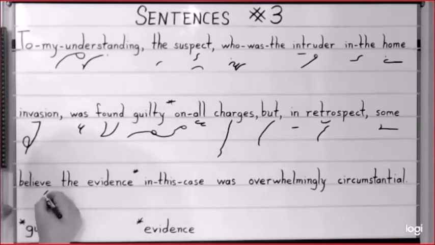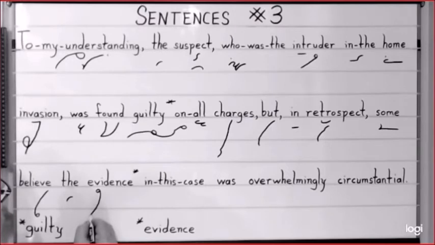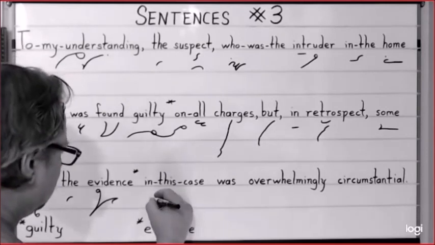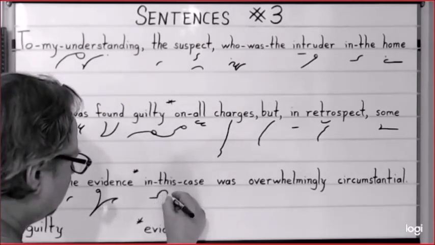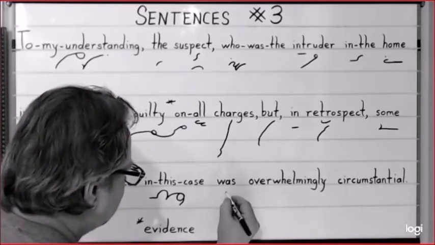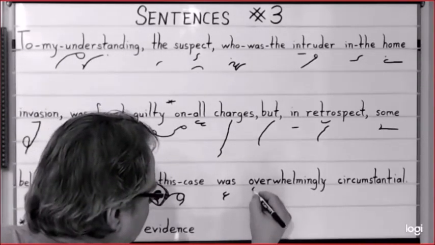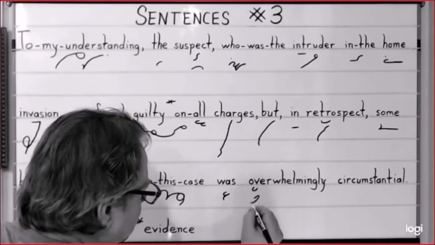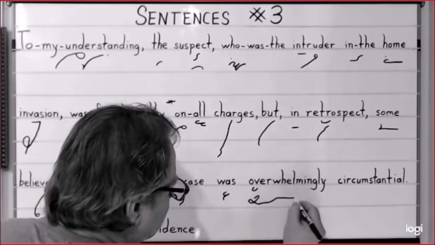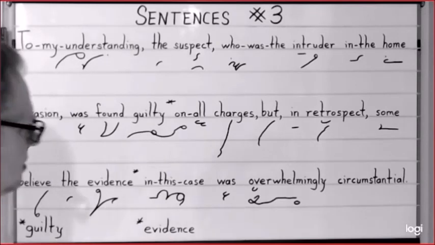Believe is a B and an E. The, TH. Evidence is E, V, D-E-N stroke, S. In this case is an N, the TH and an S together, then a K, A, S. Was is the O and the S. Overwhelmingly is a disjoined O, and then a W, E, L, M, and then a separated circle for the Incl at the end.